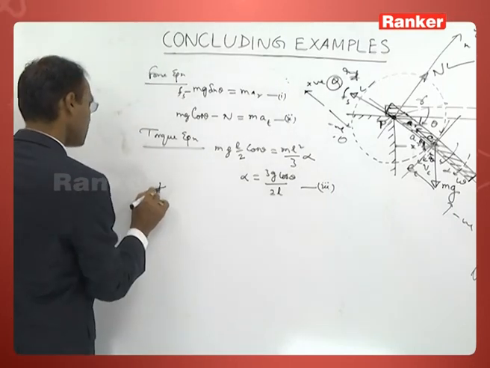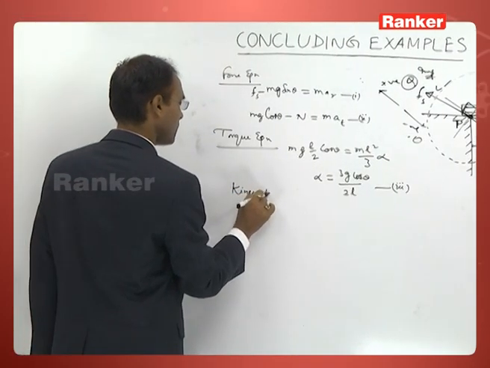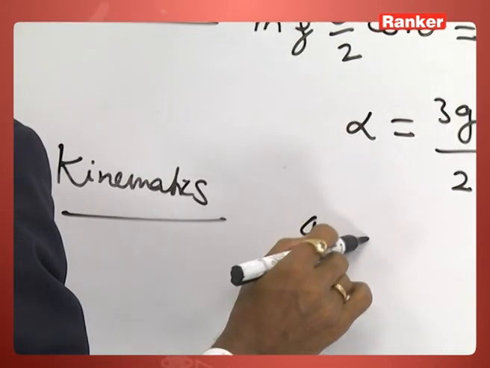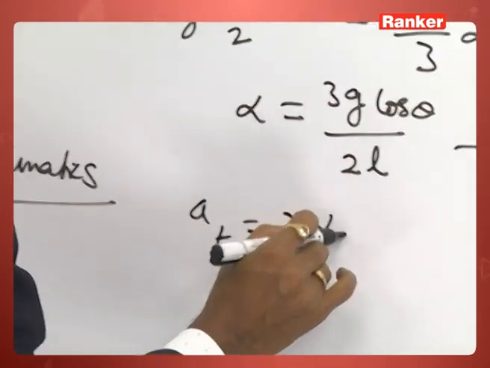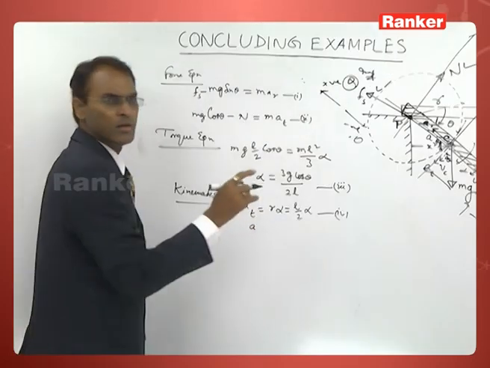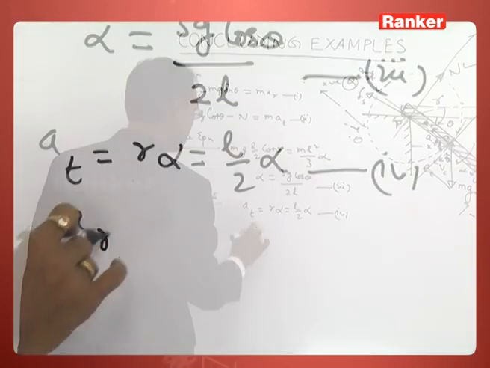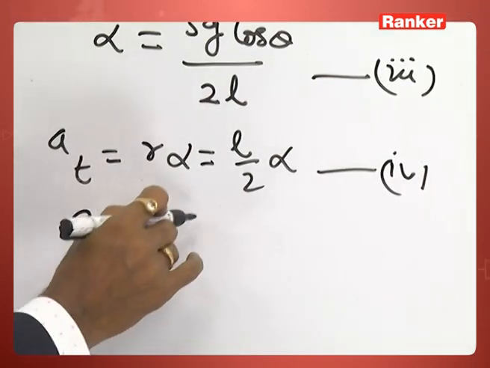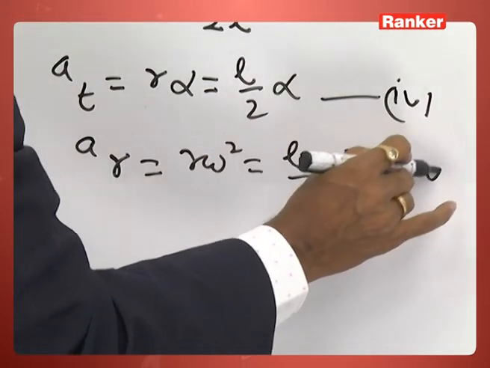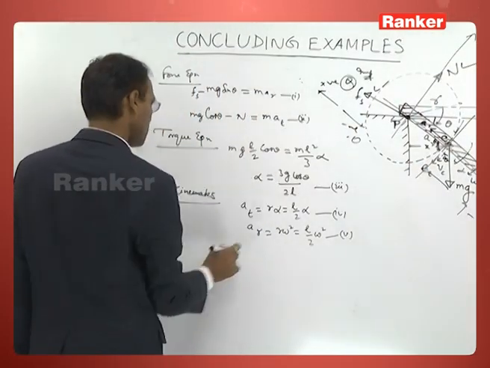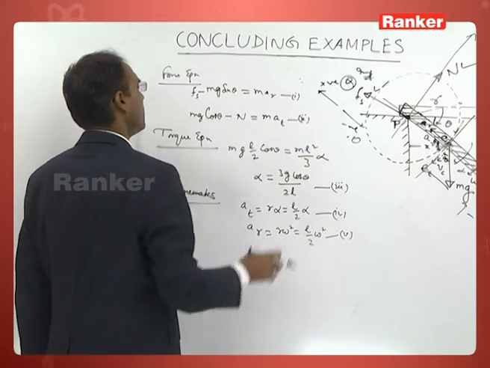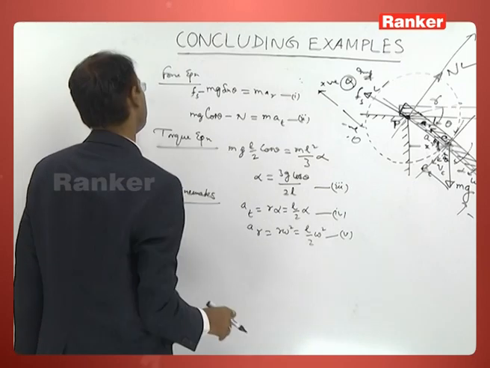Then we add kinematical equations. Since it is moving in a circular path, AT is equal to R alpha, that's equal to L by 2 into alpha. Fourth equation. And along the radial direction, the centripetal acceleration is equal to R omega square, R is equal to L by 2 into omega square. Now we have 5 equations and we have to calculate a number of unknown quantities.